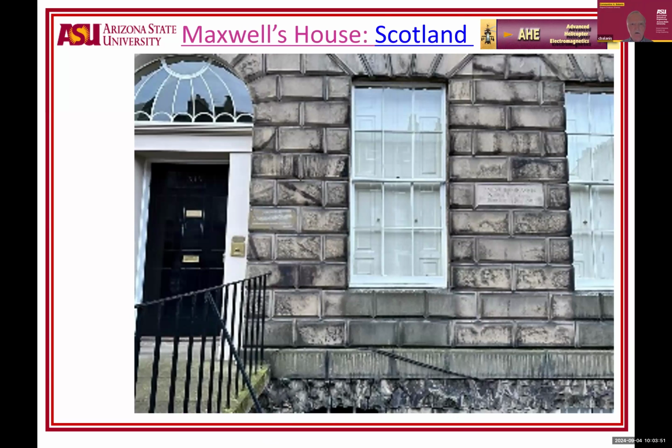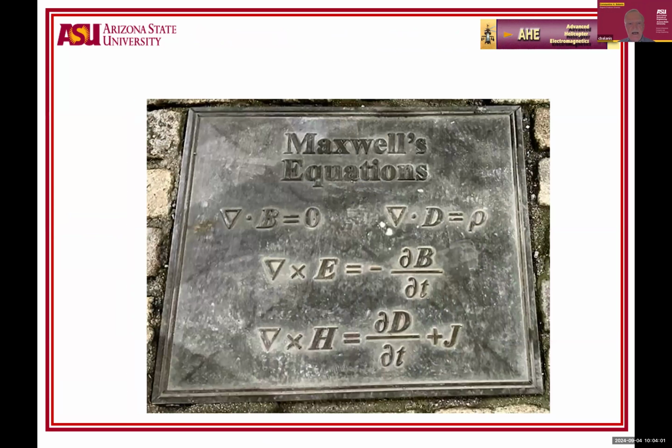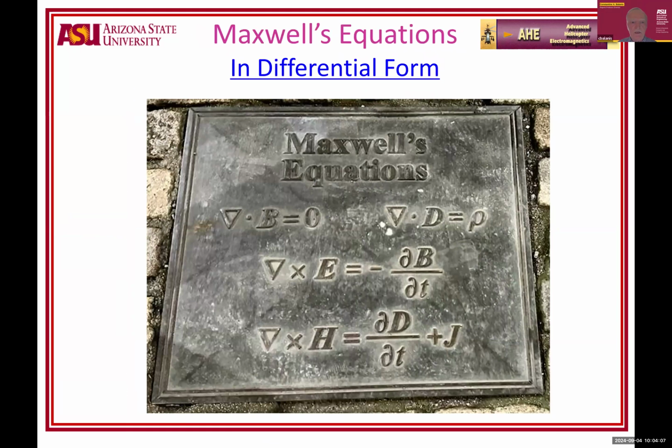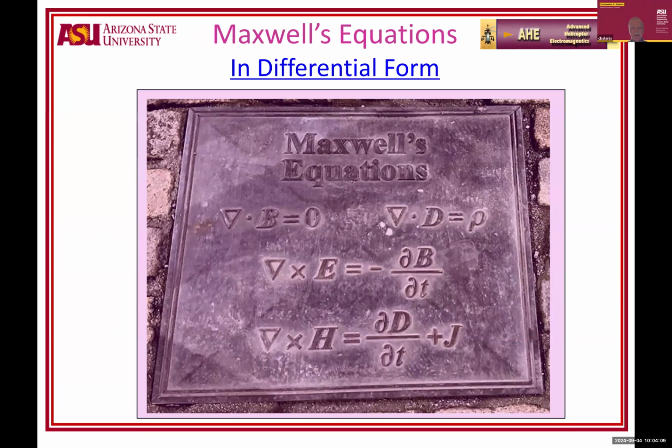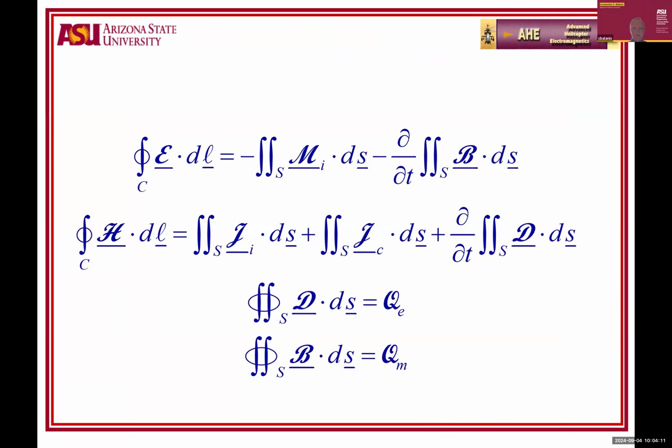This is his house in Scotland. This is the graduate student, Subramanian Ramalingam. And you can see here there's a plate with Maxwell's equations in differential form. So he sent me the pictures, and I'm showing them to you.